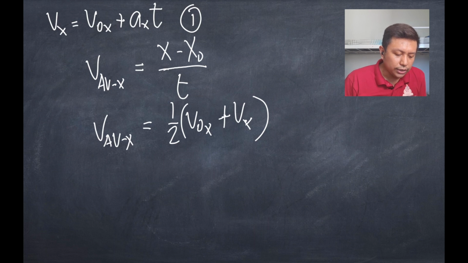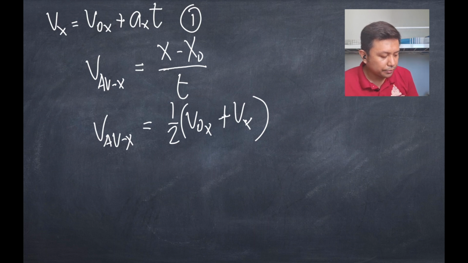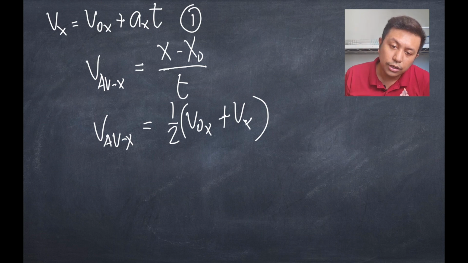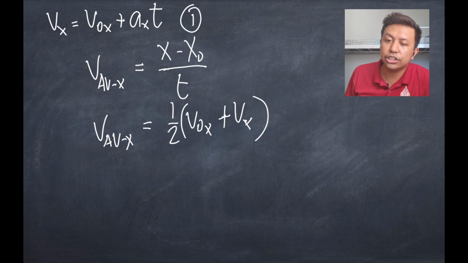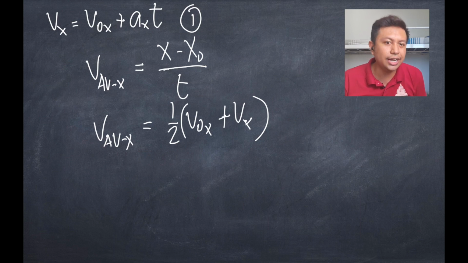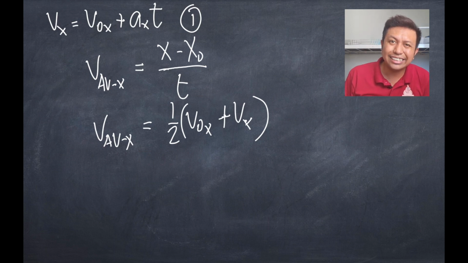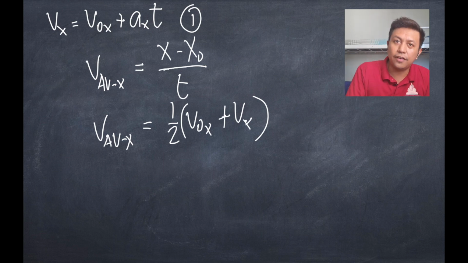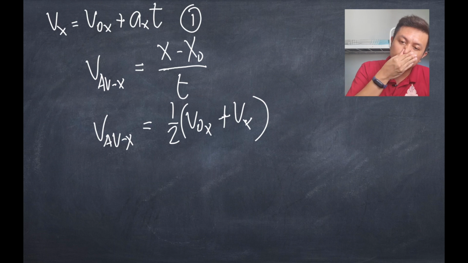Note that this equation is not true if the acceleration varies during this time interval. If there is a change in acceleration, it is not true, which is basically the concept of our uniformly accelerated motion.